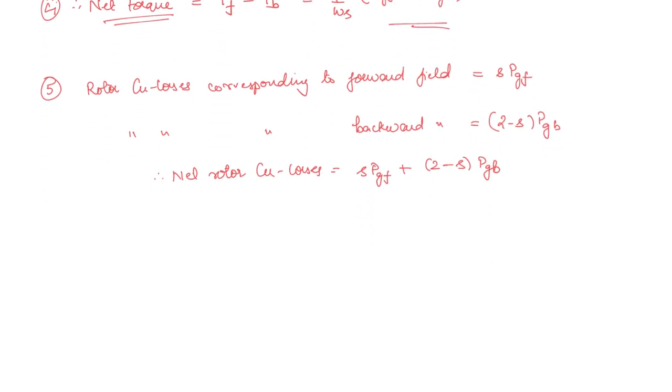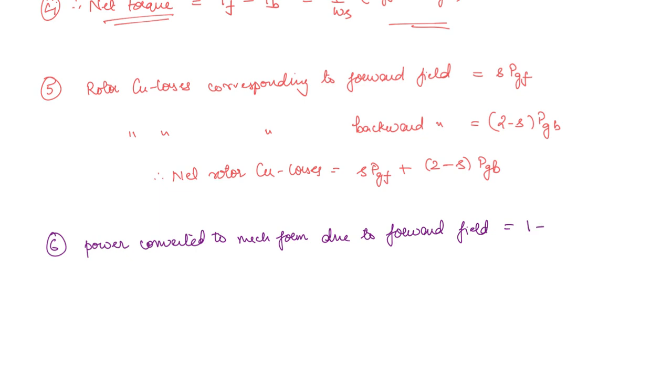This is the rotor copper losses. Now what about the converted power? The power converted to mechanical form due to the forward field will be (1 minus s) times the forward air gap power. What about the power converted due to the backward field? This is equal to 1 minus the slip, which is 2 minus s, into PGB.